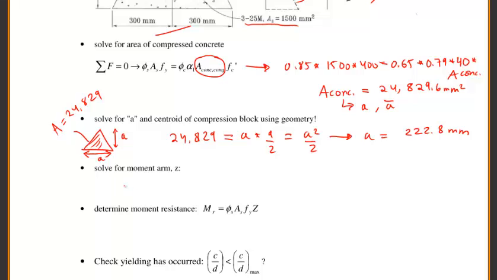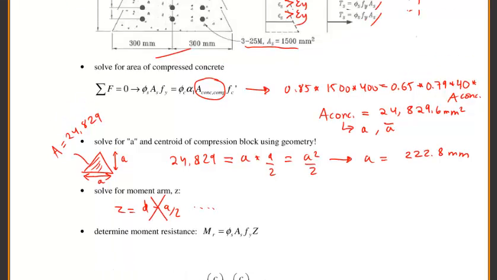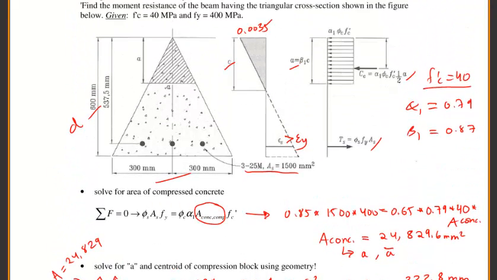Next we should determine this moment arm. Normally this moment arm is equal to d minus a over 2 if we have a rectangular section, but we don't have this over here. So we need to use geometry to figure this out. If you have this triangular section, where is the centroid going to lie? If you have some complex shape, you have to determine the centroid like we saw in tutorial 2. But here, because I have this triangle, I know this is at 2/3 a.